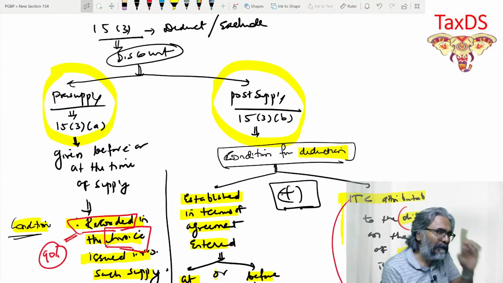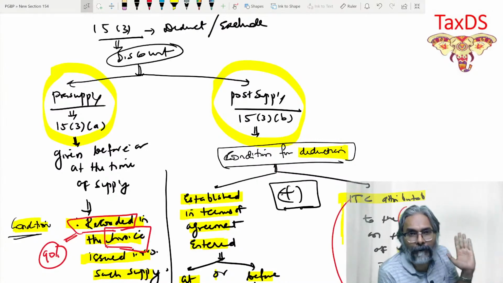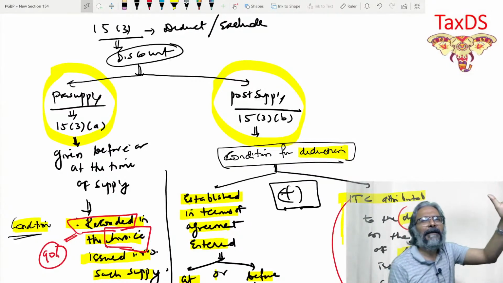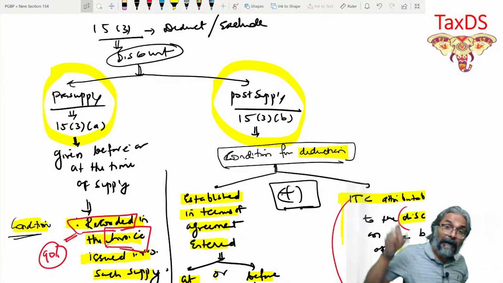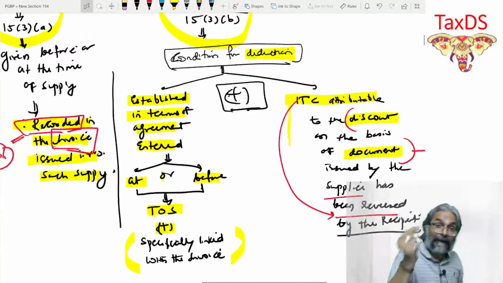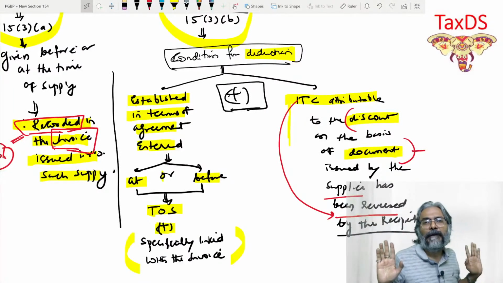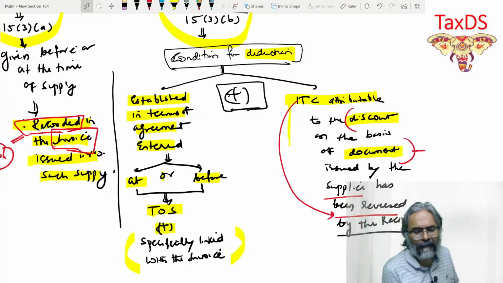The only thing you should see in the question is whether that discount is recorded in the invoice or not. If it is pre-supply discount, 15.3a deducted. If it is post, 15.3b comes into play. And the condition for deduction, you will write the condition in this way only. And what is the condition for deduction?